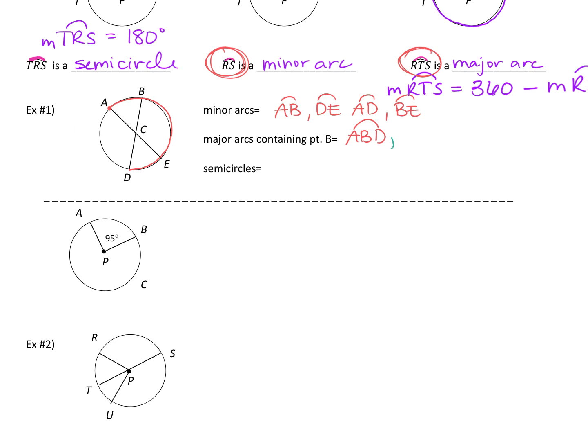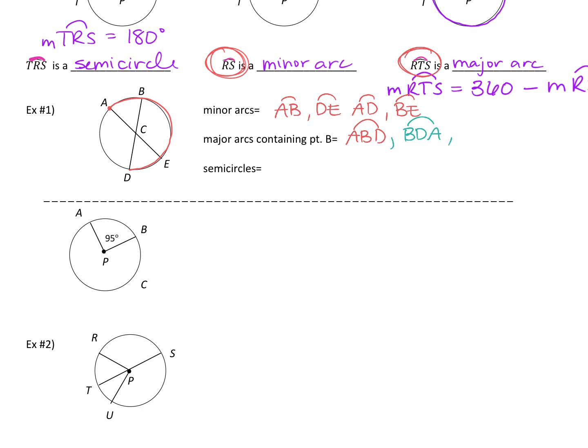I heard other ones. BDA would be one. What did you say, Whitney? DEB would be a semicircle. If we start at D and we end at B, right? That's half the circle. DBA. We already did ABD. So DBA would be the same arc, just in reverse. Would EB work?